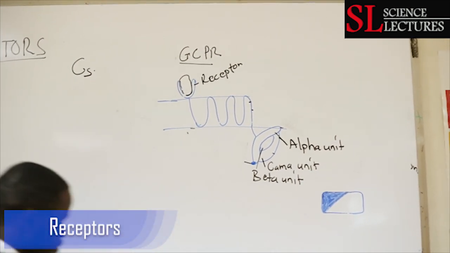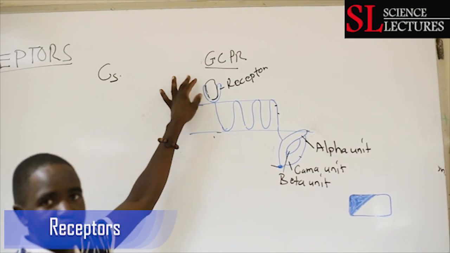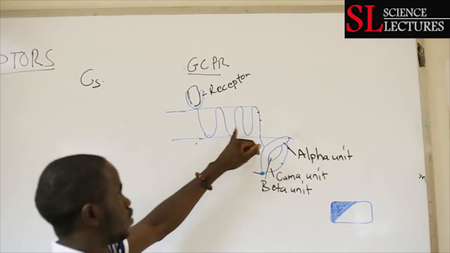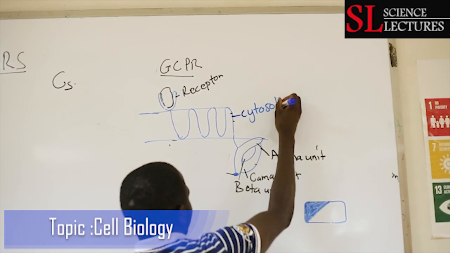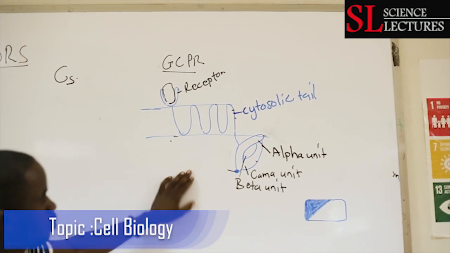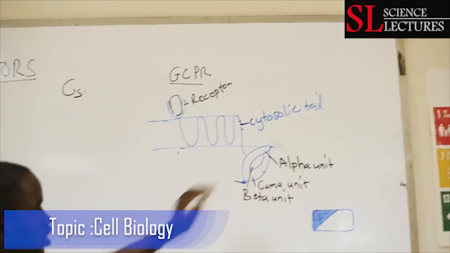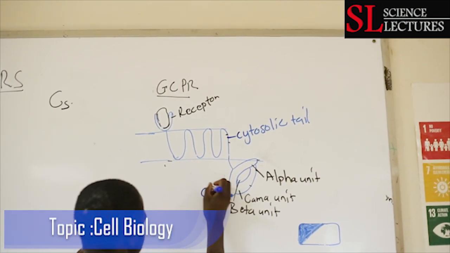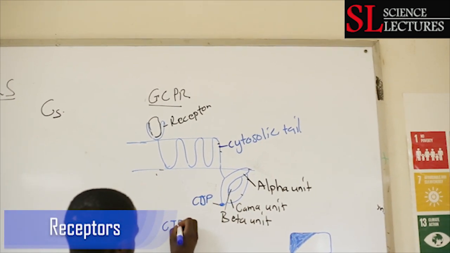We said previously that when our signaling molecule binds to the receptor found on the cell surface membrane, it causes activation of the cytosolic tail, or what other texts call the transmembrane protein, which spans 7 times across the membrane. This causes another response, whereby the alpha unit is bound with GDP, and we shall have a freely floating GTP.